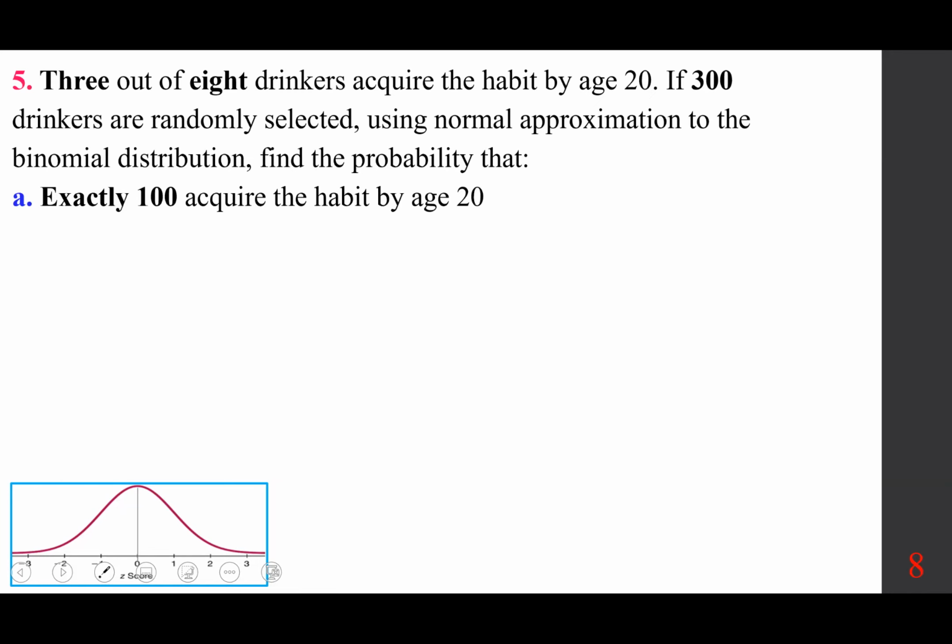Excellent. So notice what's given. First and foremost, we are dealing with the binomial distribution because there are two outcomes. They either acquire the habit of being a drinker or not.